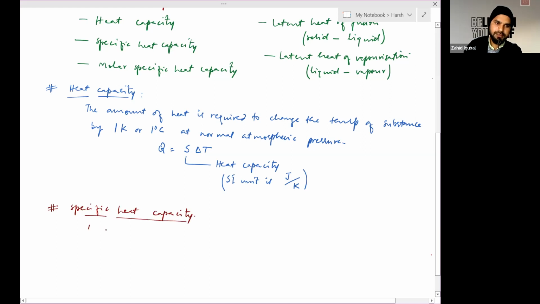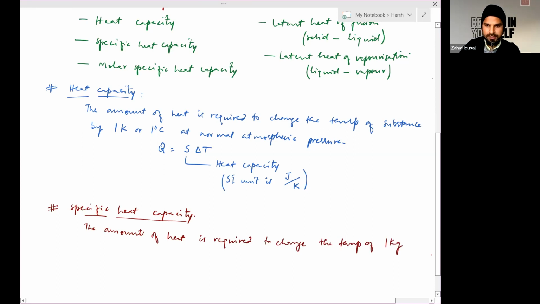So it is the amount of heat required to change the temperature of 1 kg substance, a fixed mass or fixed amount of that particular substance, by 1 degree Celsius or 1 Kelvin at normal atmospheric pressure.